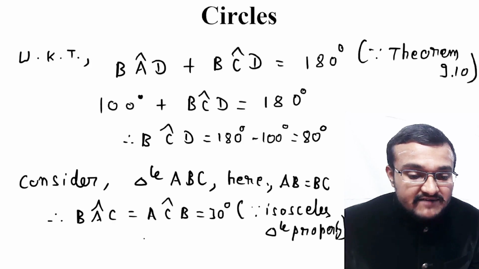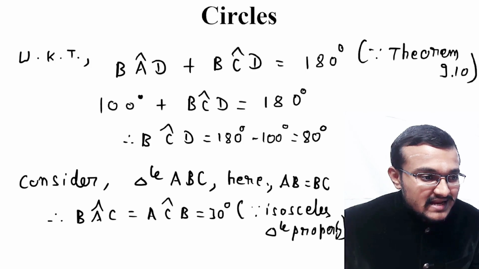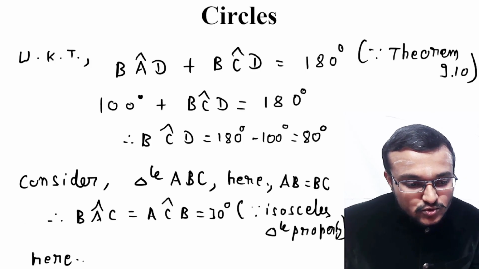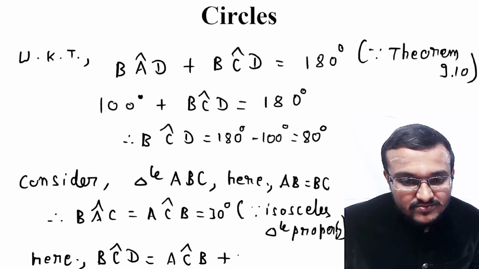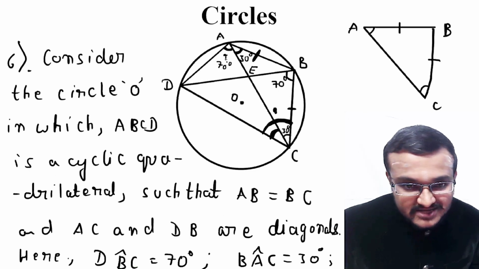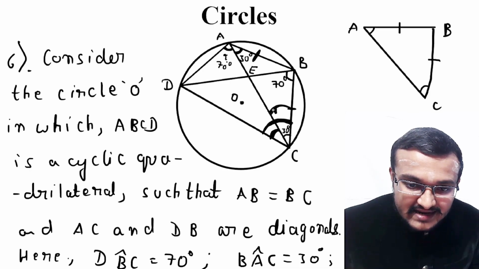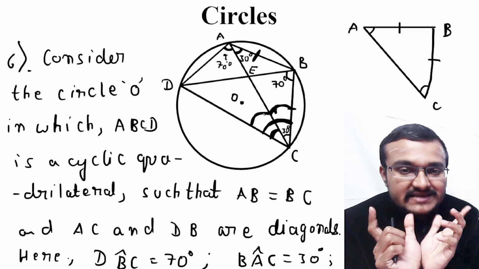So now ACB we have got as 30 degrees and BCD we know is 80 degrees. So the total angle BCD is equal to ACB plus ACD. This particular angle ACB and this particular angle ACD, the total angle is the sum of ACB and ACD.